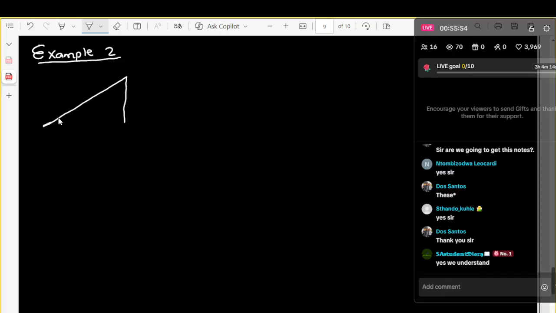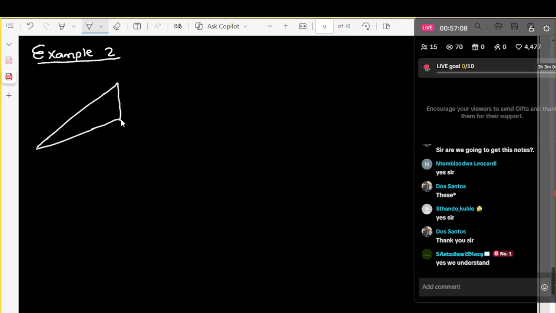Look at this. Let me give you this triangle. Let's try to work on this one. If the triangle is given like this, and then let's say we have another triangle moving in this direction, right?